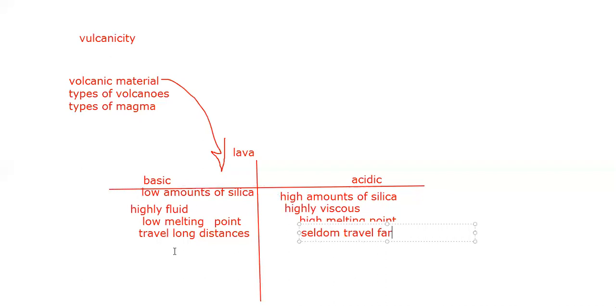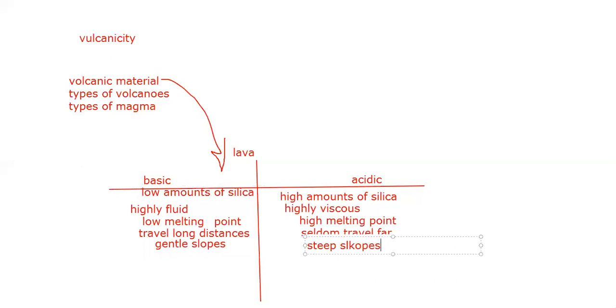Basic lava would create gentle slopes, and acidic lava would create steep slopes.